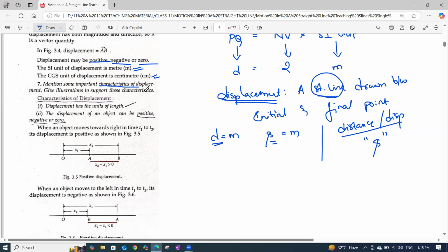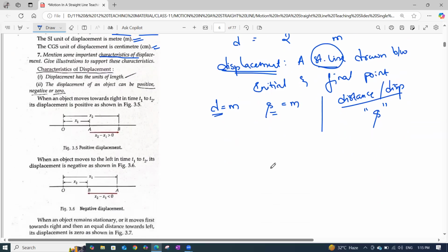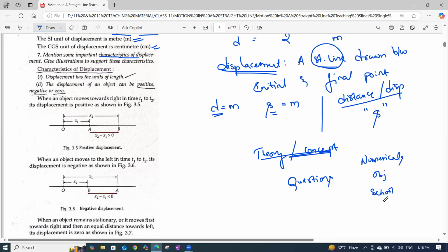Why do we need to read all these concepts? As I told you, if you are aware of every theory and concept, it will be very useful for you to understand the questions they ask in your competitive exams, whether numerical problems or objectives in school-based examinations, JEE, NEET.